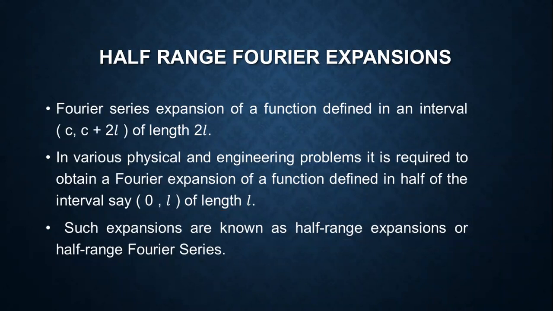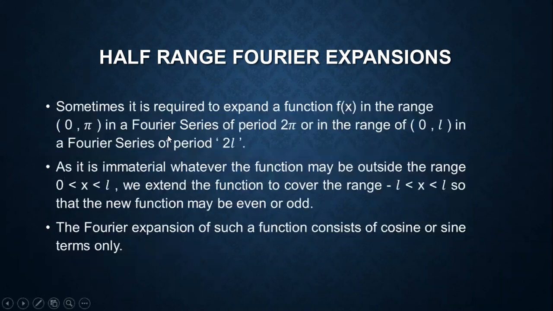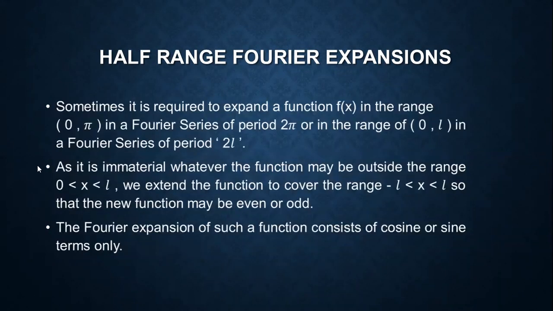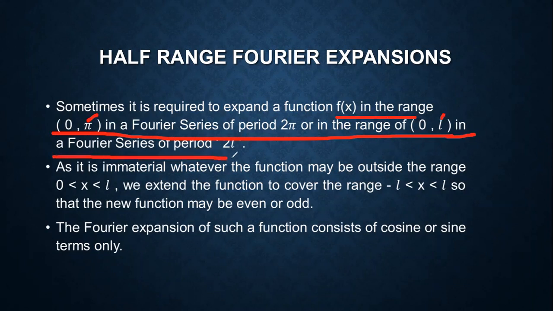Sometimes it is required to expand the function f of x in the range of 0 to pi in a Fourier series of period 2 pi, or in the range of 0 to L, where in place of pi we use L, in a Fourier series of period 2L.